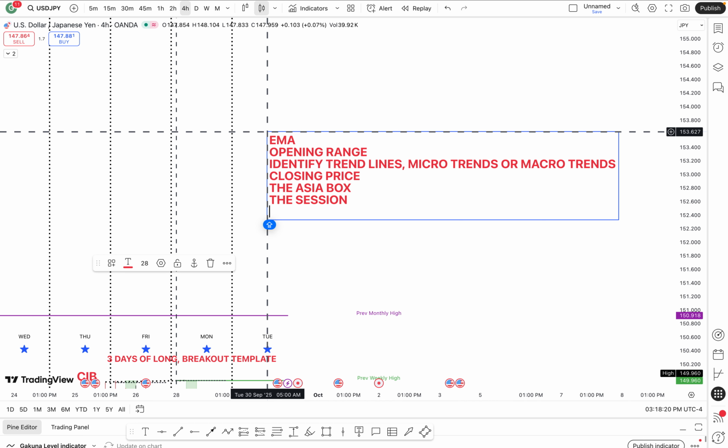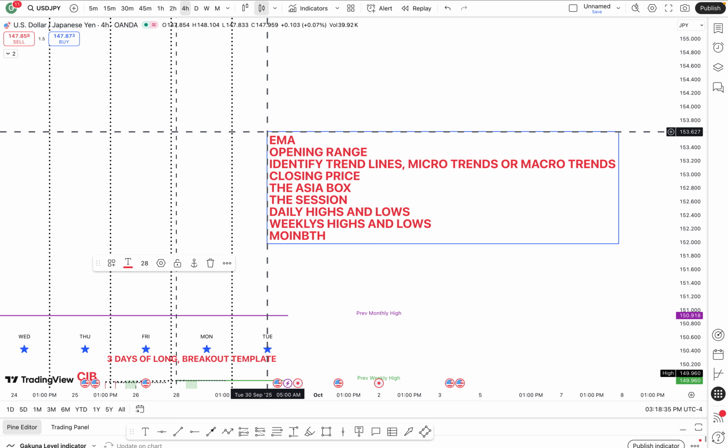You also need to identify daily highs and lows. You also need to identify weekly highs and lows. You also need to identify monthly highs and lows, yearly highs and lows. Now these are just a few of what we need to identify to avoid the market noise.